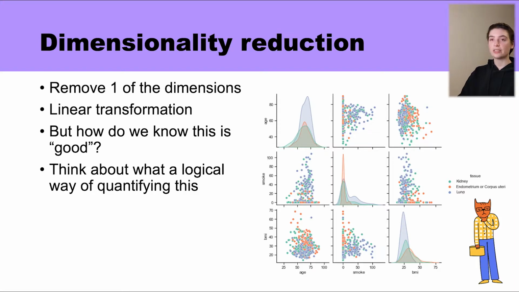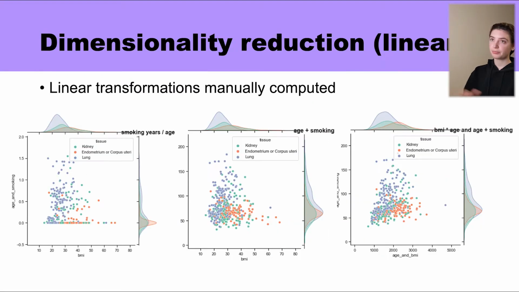We'll go through 2 ways of doing that, with PCA and then neural networks. I'll show you some examples of linear transformations that are manually computed, and you can easily see which ones make more sense. However, these are not optimized with any heuristic. They're just simple hypotheses about how our features can work together, and that's also a valid way of performing dimensionality reduction.